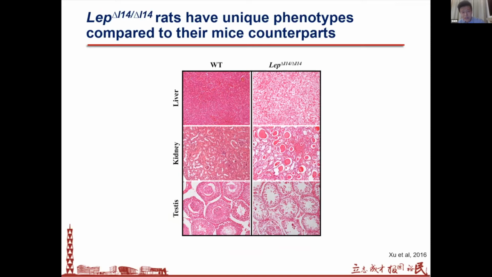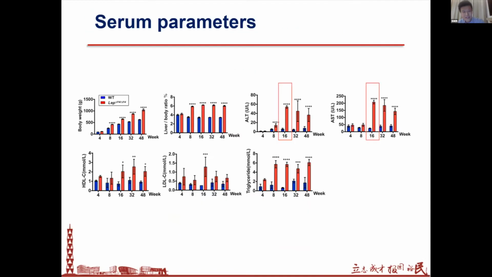For example, in the middle, this rat developed kidney disease. However, this was not reported in the mice. But when we look at the serum parameters, as I highlighted on the right, you can see the ALT and AST levels increase dramatically at week 16, which implies that they may have inflammation after week 16.